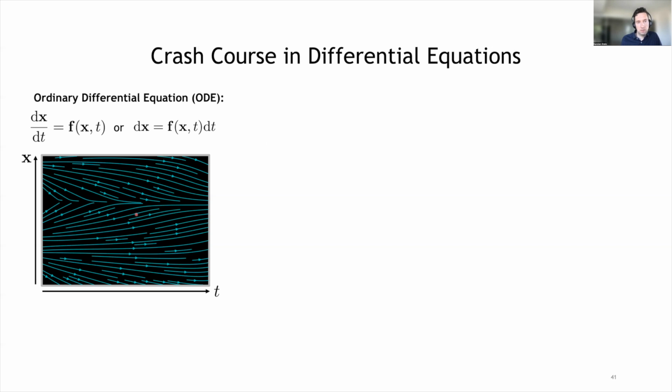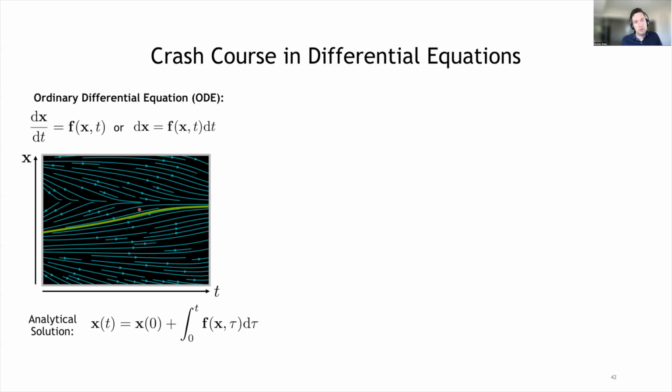I basically have to integrate this differential equation, following the arrows, to get my final expression x of t. However, in practice, f is often a highly complex nonlinear function, for instance a neural network, and solving this integral analytically and following these field lines exactly is often not possible.